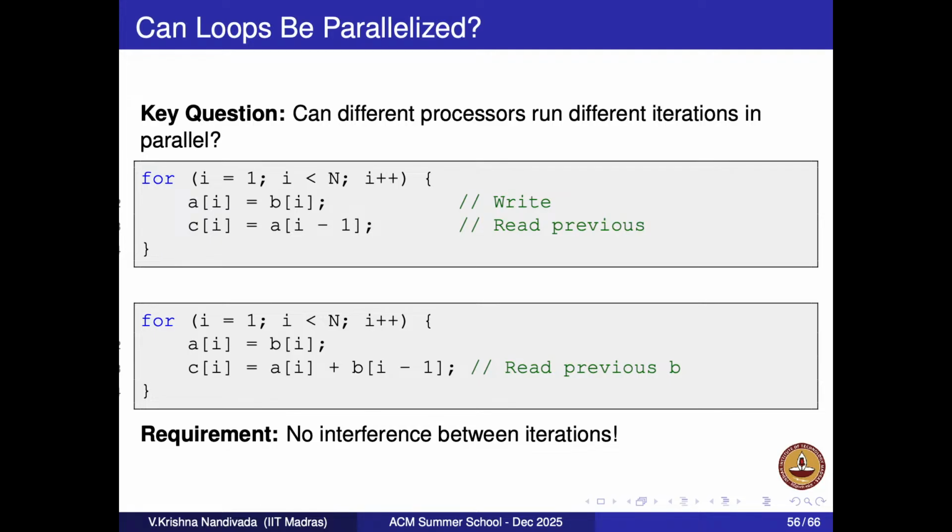Flow dependence or true dependence. Same iteration. So I will write it as S1 I, S2 I. Okay? Correct? That is for A.